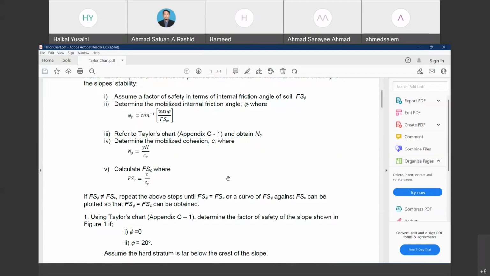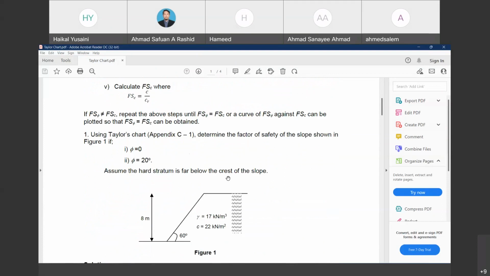That's why we need to make up to three analyses or three calculations. So this is an example. Using the Taylor chart, appendix C1, determine the factor of safety of the slope shown in figure 1.